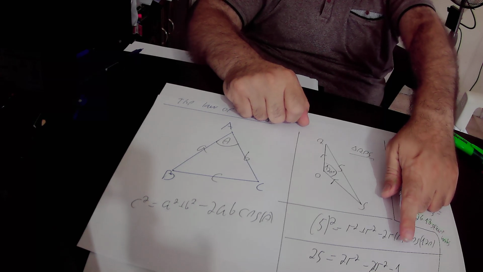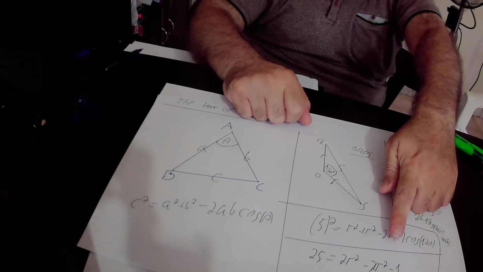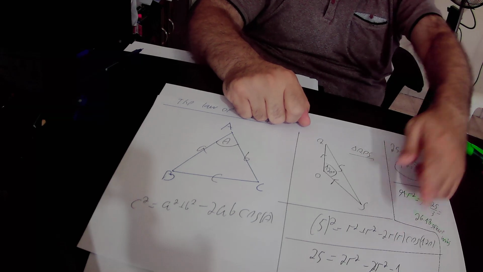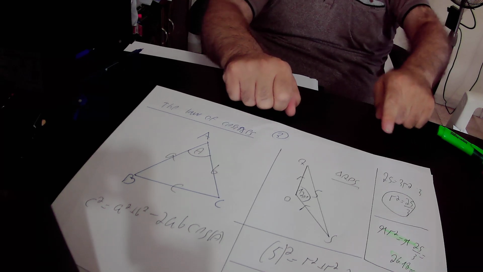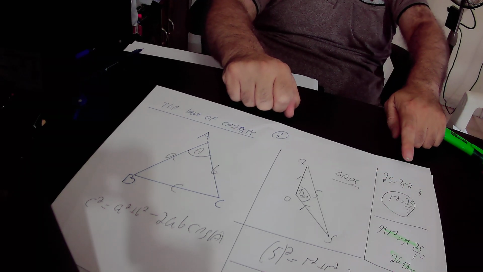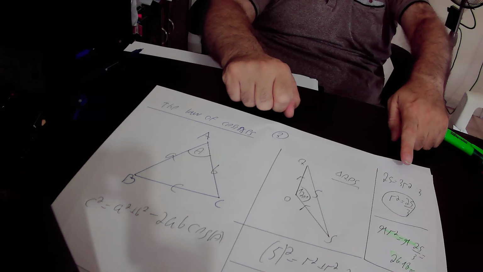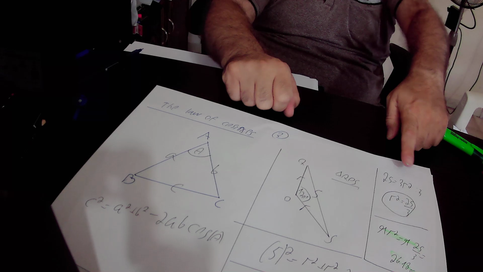Okay, so we have 2 in the denominator and 2 in the numerator, so 2 will get cancelled. Minus and minus is plus. So in conclusion, we found out that 25 equals 2R square plus R square, that is 3R square. So 25 equals 3R square. We divided this equation by 3 and found out that R square equals 25 over 3.